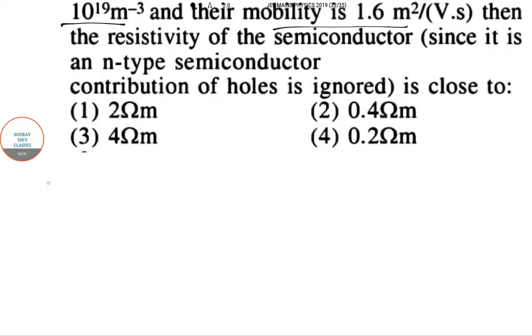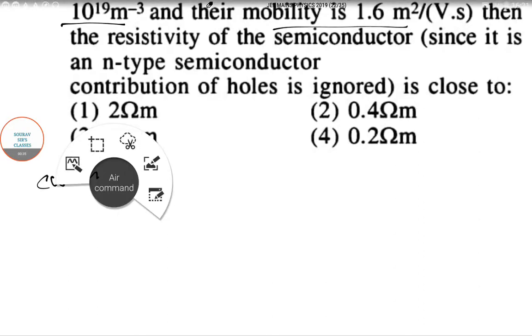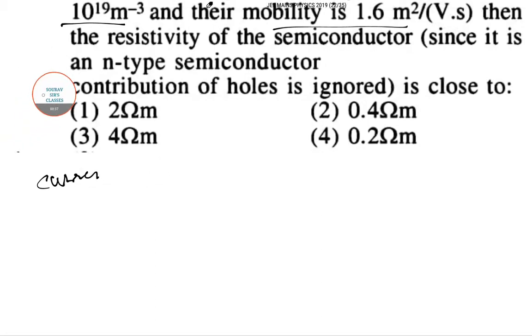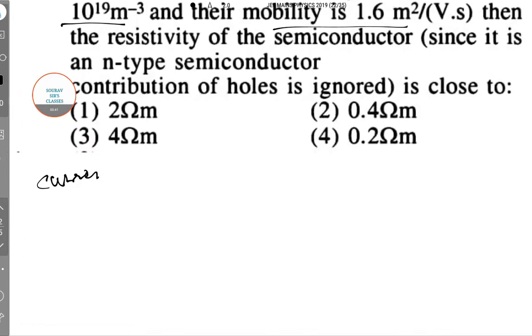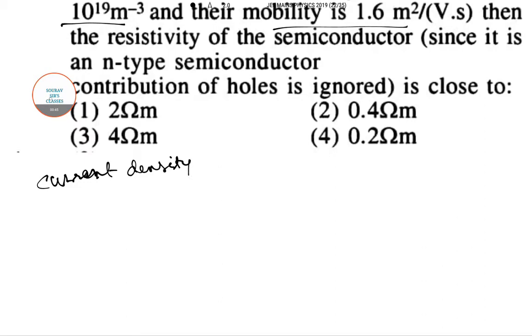So, we can write the current density J equals N into e into Vd.